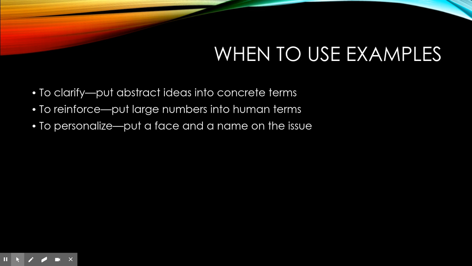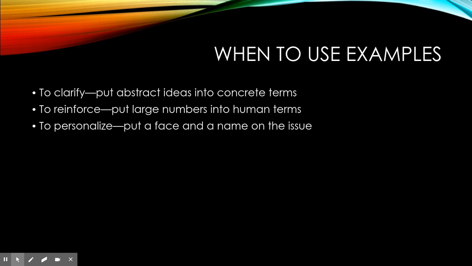We're also going to reinforce by putting large numbers into human terms. When you hear things like there have been 250,000, and I'm pulling that number off the top of my head, so forgive me if I'm a little bit off, 250,000 people have died from the coronavirus.